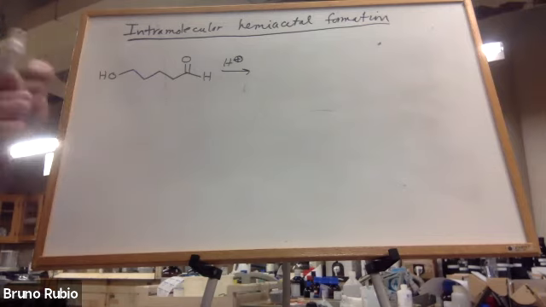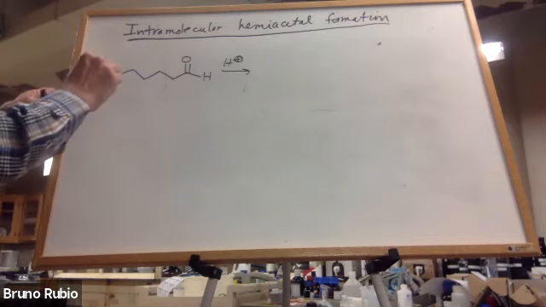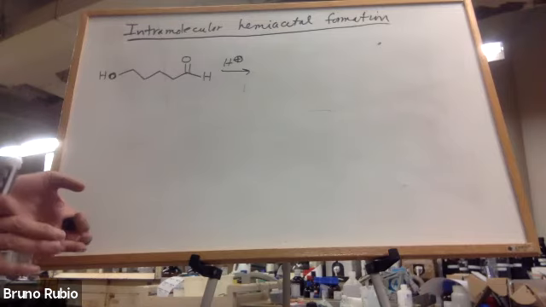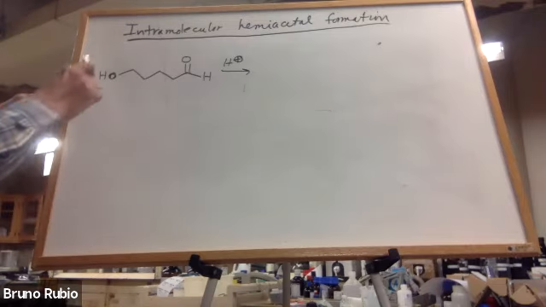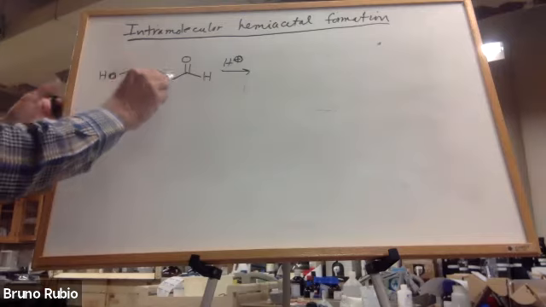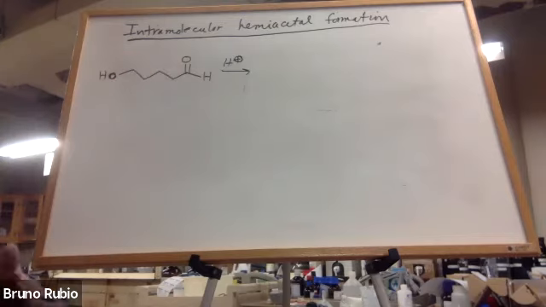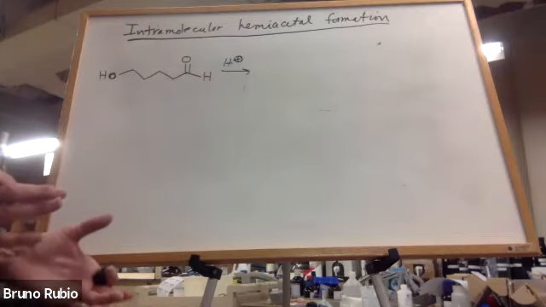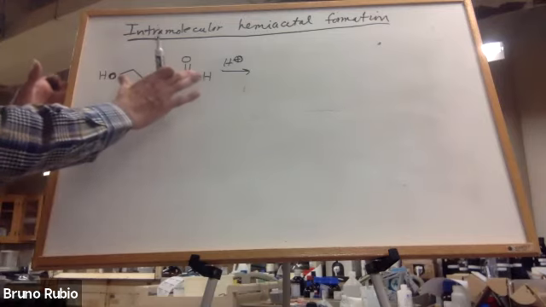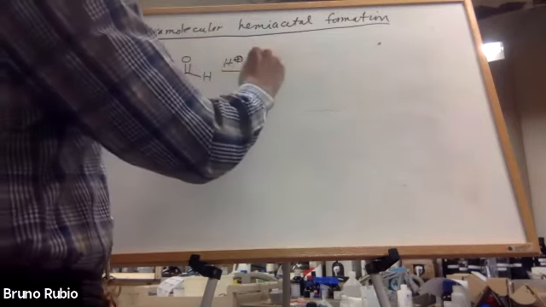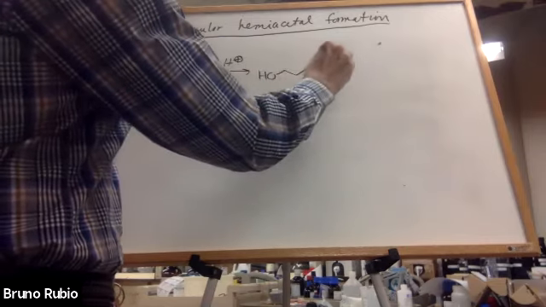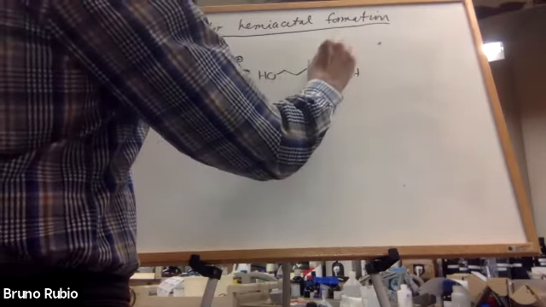When I hook the alcohol oxygen up to the carbonyl, can I get a 5-membered ring or a 6-membered ring? Let's see. 1, 2, 3, 4, 5, 6. Yep, I can get a 6-membered ring, so this reaction is very likely to happen. The first step of our mechanism would be the protonation of the carbonyl oxygen.